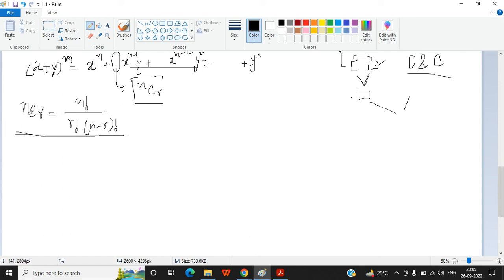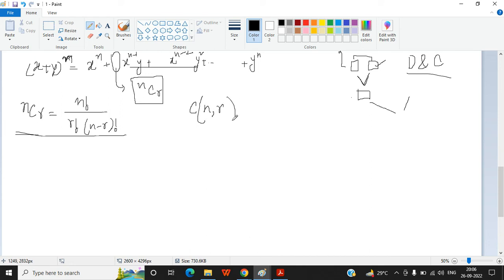Now, how can you compute that using dynamic programming? To compute the binomial coefficient using dynamic programming, you have to use a recurrence. Say NCR, we can write it as C of n comma r.